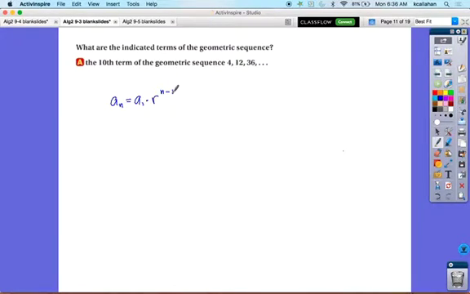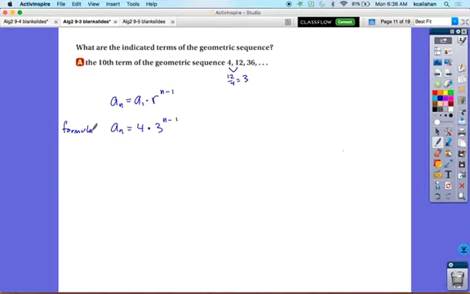So a1 is 4. R, what number does it look like you keep multiplying by to get to the next term? Right? 12 over 4 equals 3. So an equals 4 times 3 to the n minus 1. That's the formula.